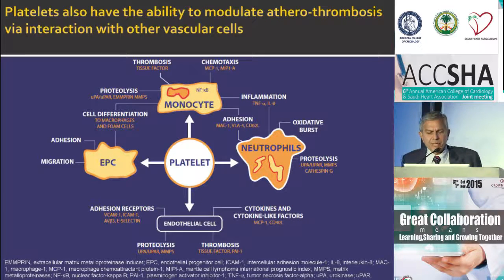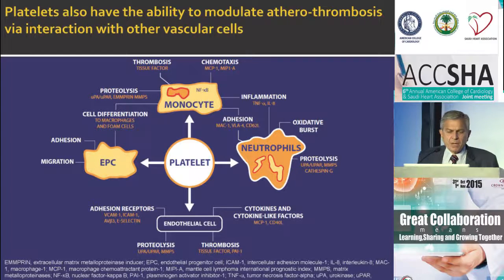The platelets, for example, bind to neutrophils. The platelets promote the transformation of monocytes to macrophages to foam cells. The platelets can recruit endothelial progenitor cells. So the platelets do a lot in terms of promoting thrombosis, chemotaxis, inflammation, oxidative stress, cell differentiation, and so forth.